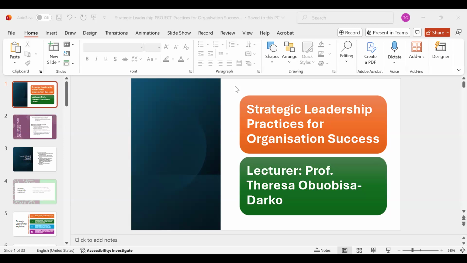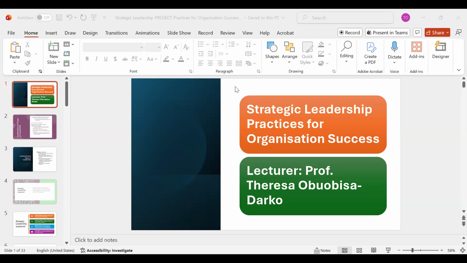It's good you captured the first part, the five traits of a leader so far as Northouse is concerned, and then the traits of strategic leaders that we are going to talk about today, and see how we can make these traits ensure that we perform for organizational success.